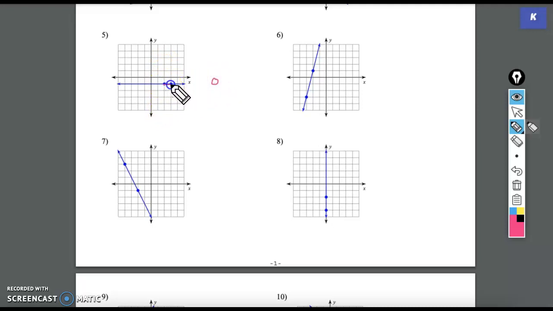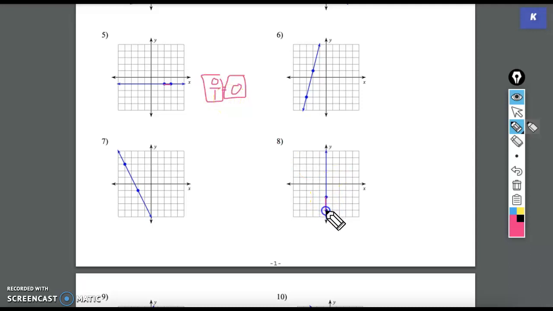I can't really draw a triangle from this point to this point, but I do go over 1. So when I have something like this, I don't want to leave it like this. 0 divided by 1 is 0. So my answer here would be 0. If you wrote 0 over 1, I would totally accept that, but it's really just 0.